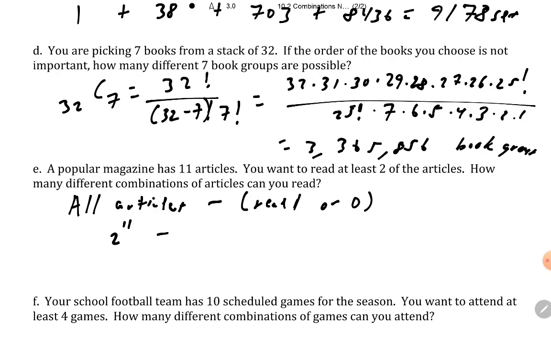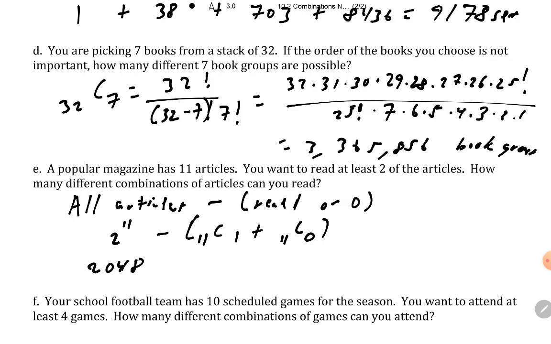Minus, if we only read one article, which would be out of the 11 articles, we choose 1, plus or we read 0 articles, 11 choose 0. So 2 to the 11 is 2048.